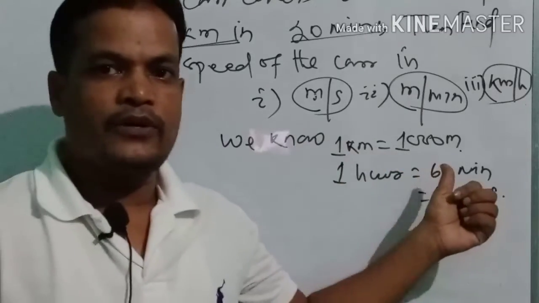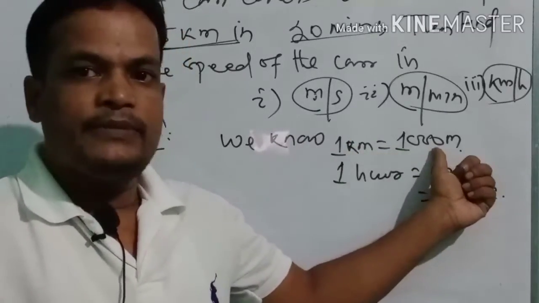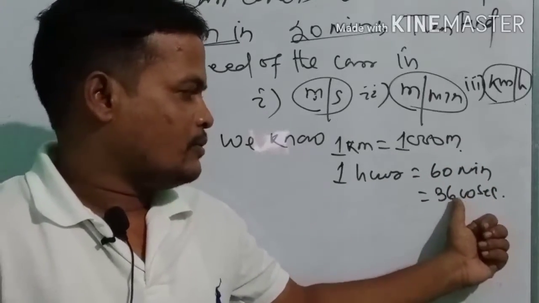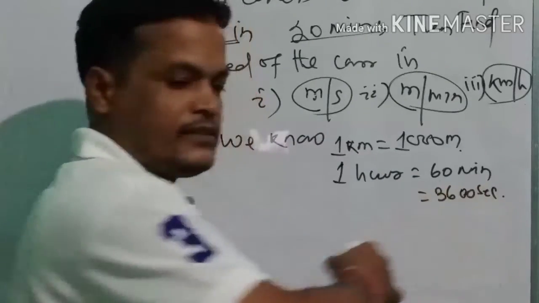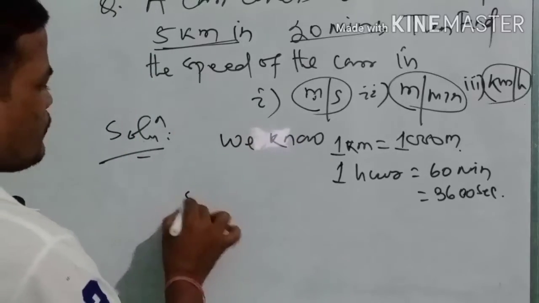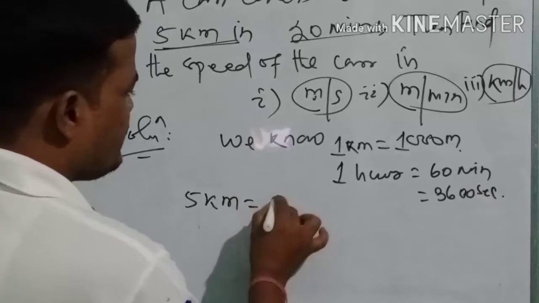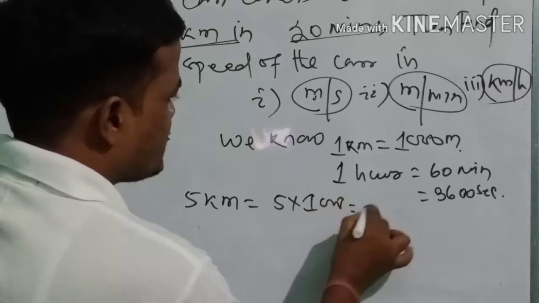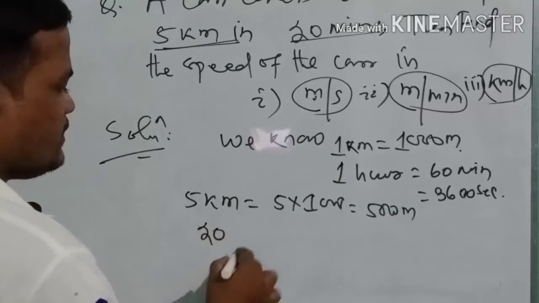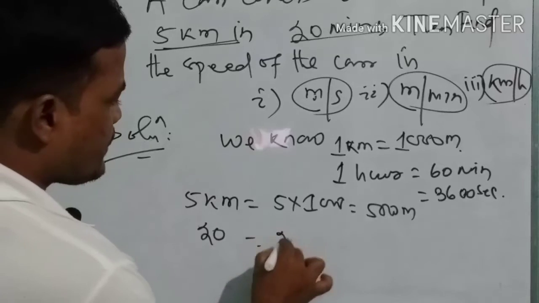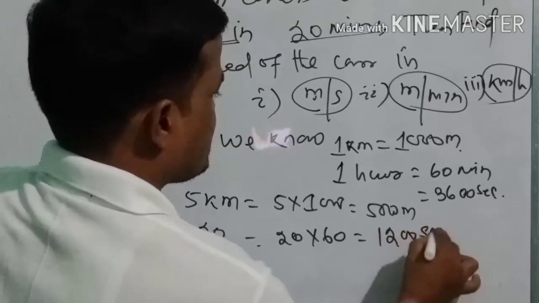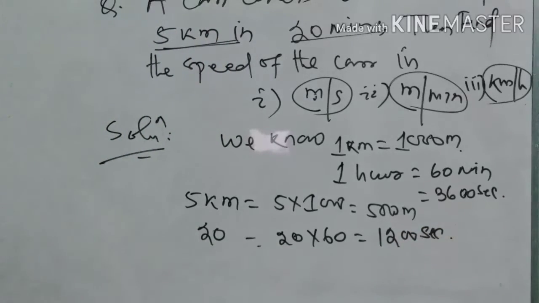Now we are given 5 kilometer, equal to 5 into 1000, that is 5000 meter, and 20 minutes, so 20 into 60, that means 1200 seconds. So this is given to us.